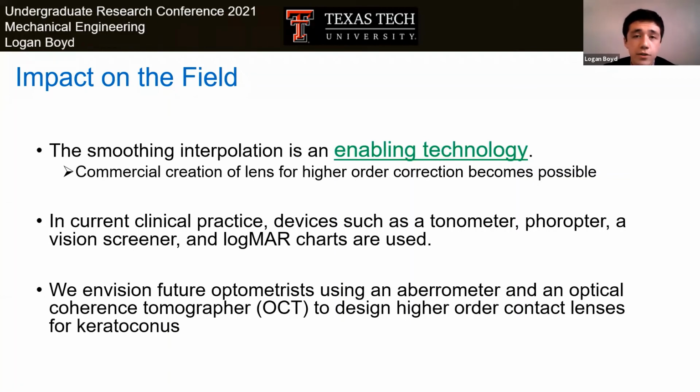Match that with a device called an optical coherence tomographer, which measures the contour of your eye, and you will be able to design the back surface of a contact lens to match the surface of your eye precisely. So instead of finding the closest contact lens, the best fit power, we can actually design a custom fit and custom correction lens for every patient.